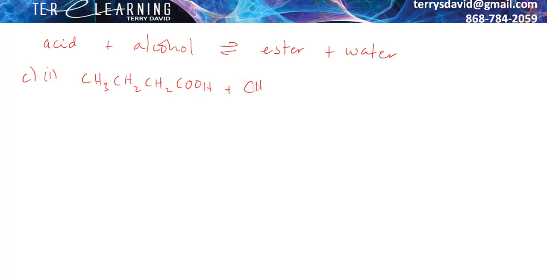So ethanol is CH3, CH2OH, alright, and this is going to produce CH3, CH2, CH2, COO, CH2, CH3 plus water, right? So this is my equation for my reaction between compound D and ethanol. And so this is part 1.